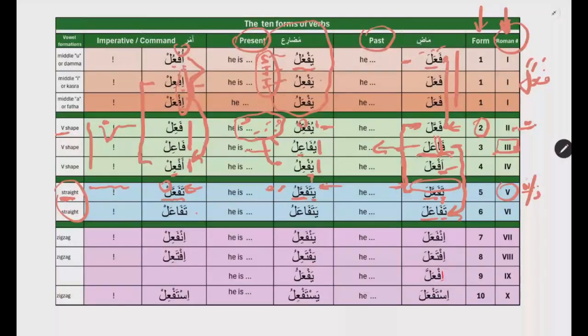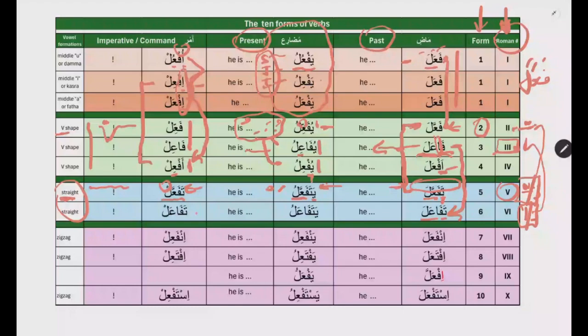So it's ta plus tajdeed. Here it had an alif infix, here it's a ta with the alif infix. Okay, can you see the similarity between this and this one and that one? So it's fairly easy to remember. If you remember 2, 3, and 4, and you remember 5 and 6 is building up on 2 and 3.